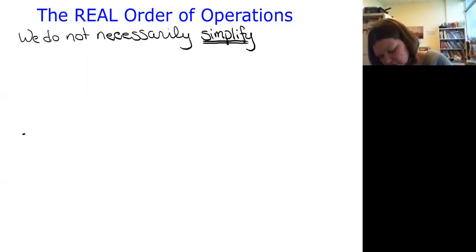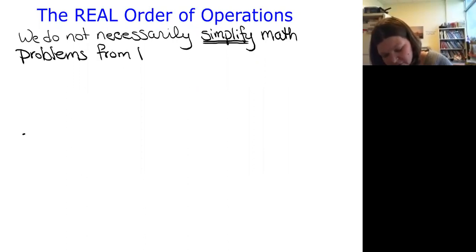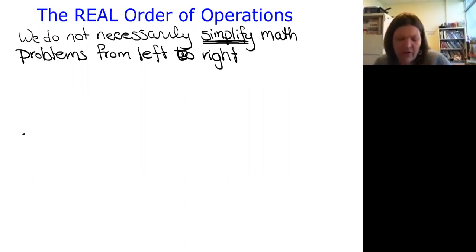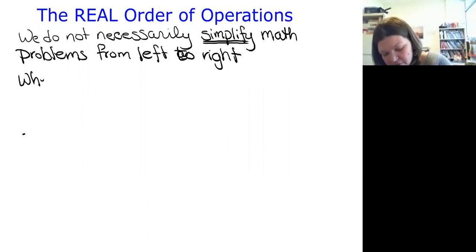We do not necessarily simplify math problems from left to right. Now, sometimes, quite by accident, they end up being from left to right. So I'm not saying it never happens, but that's not the order we follow.